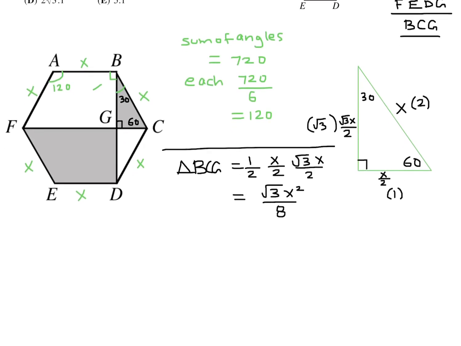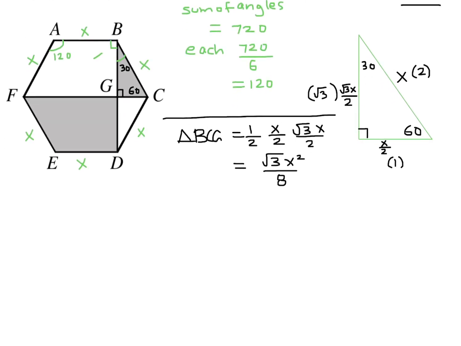Okay, moving right along. Now we turn our attention to this big guy right here. We have to figure this out. Well, the first thing I want to do is drop a perpendicular from E to this side, like that. And when you do drop that perpendicular, I hope you'll see that we have something very similar to what we just previously did.